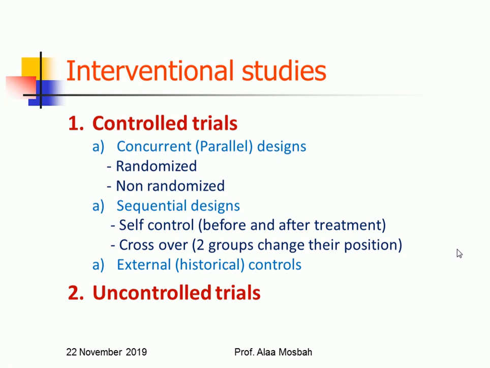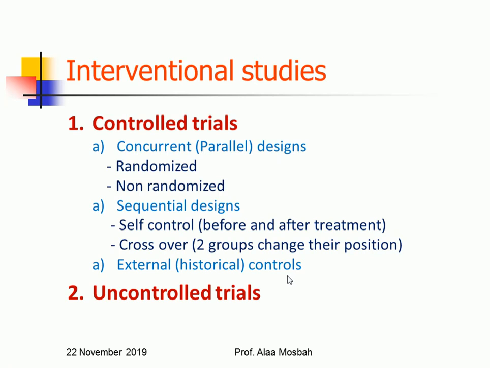This is as regards sequential design. We have two types, self-control or crossover. The third control is the external control or historical control. What does it mean?